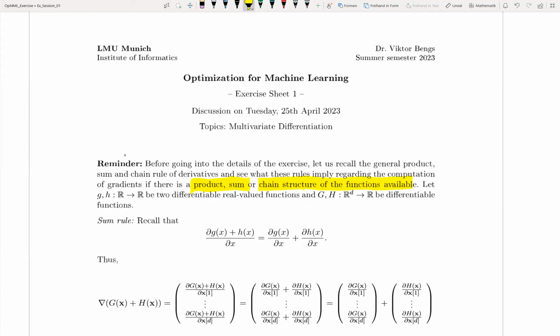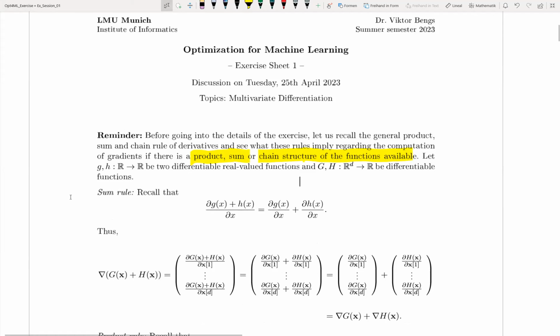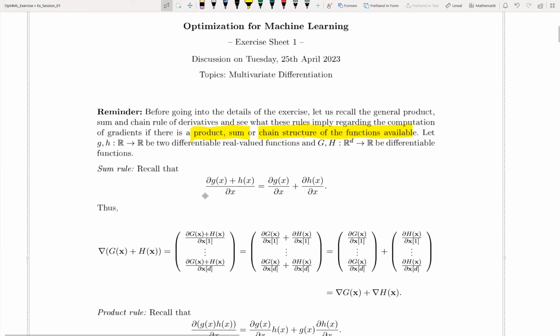What holds in the univariate case might also hold in a similar way in the multivariate case, though not always. In the multidimensional case, sometimes things don't behave as expected, but in this case, yes, it will be as we like: we also have a product, a sum, and a chain rule.